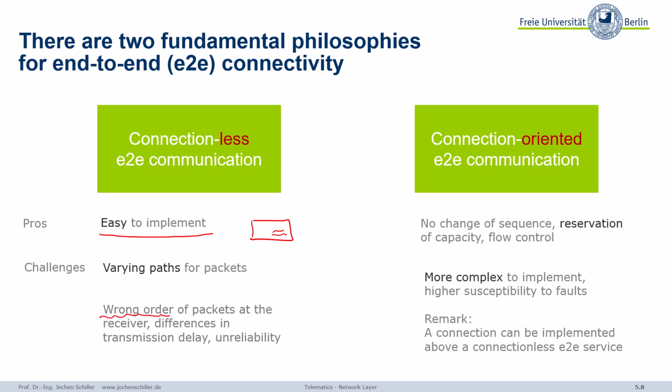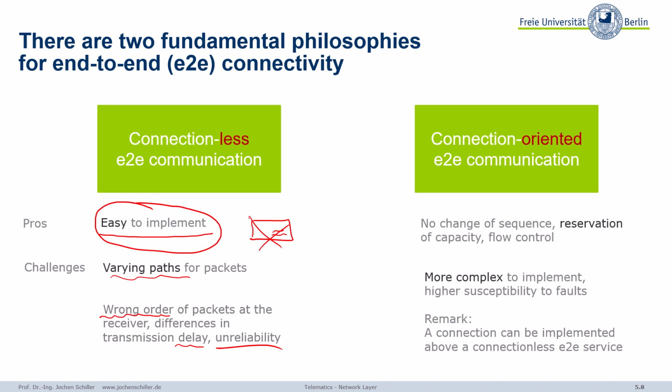So, okay, you may have differences in transmission delay. Maybe someone drops a postcard. It's not reliable. Plus, we may have varying paths for packets, so it depends on certain load characteristics. So that's a certain challenge. We see how we can handle this. But big advantage, easy to implement.